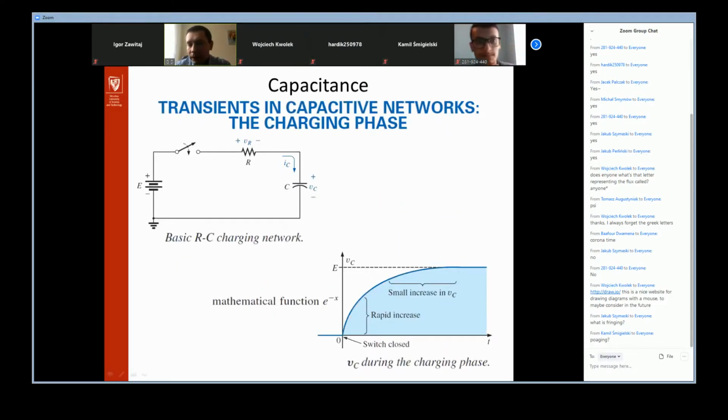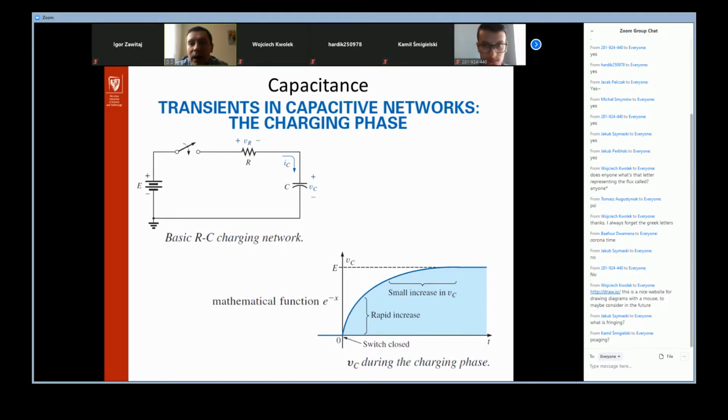So the next step. Well, the transient analysis, if we have a capacitor in our network, is very important for you also. If we consider a capacitor in electronic circuits, we have two phases: the charging phase and the discharging phase.